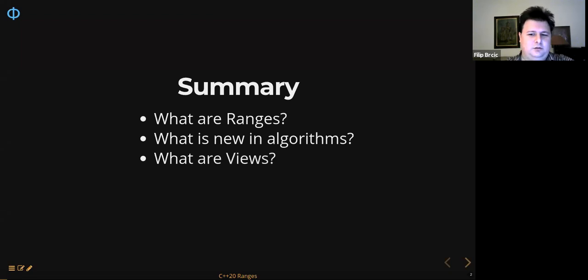Then there are views, which are a new and novel feature, mostly based on functional programming and lazy evaluation and not on the standard C++ way of doing things. And we will see what can be done today with ranges, and that's about it.